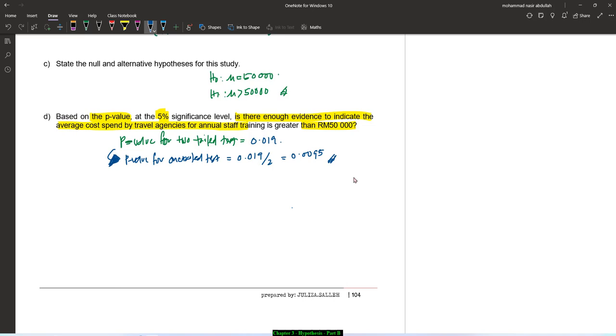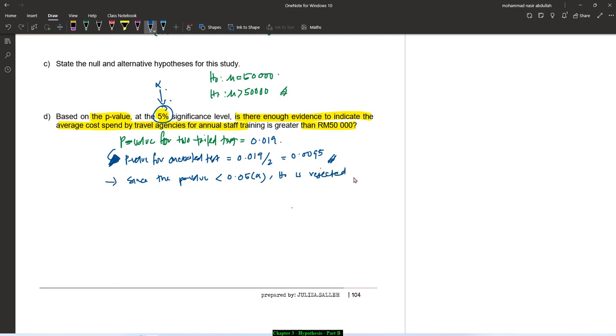So 1, 2, 3. Yep. So since the p-value is less than 0.05, sebab kita tengok at 5% level of significance, this is our alpha, okay? Null hypothesis is rejected.